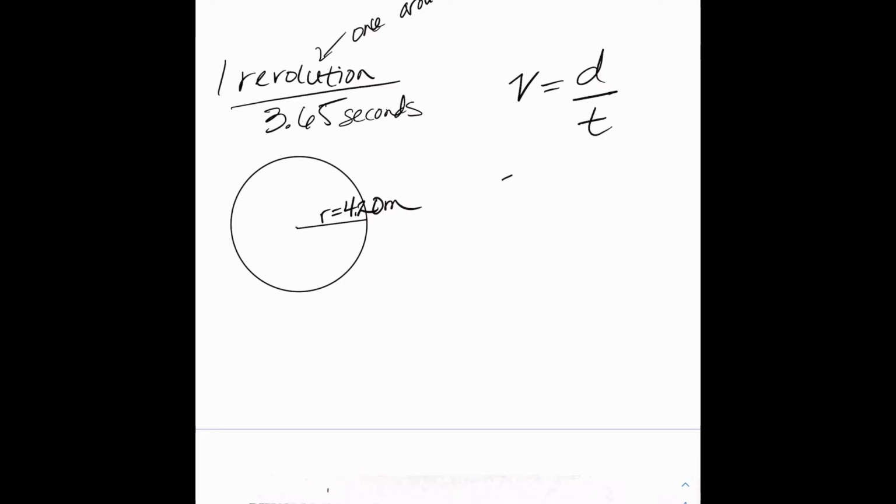And we know the distance to go around the rotor or around the amusement park ride is the distance around a circle. So that's going to be the circumference. And we know the time to go around once is 3.65 seconds. So we can find the linear speed here just using this formula.